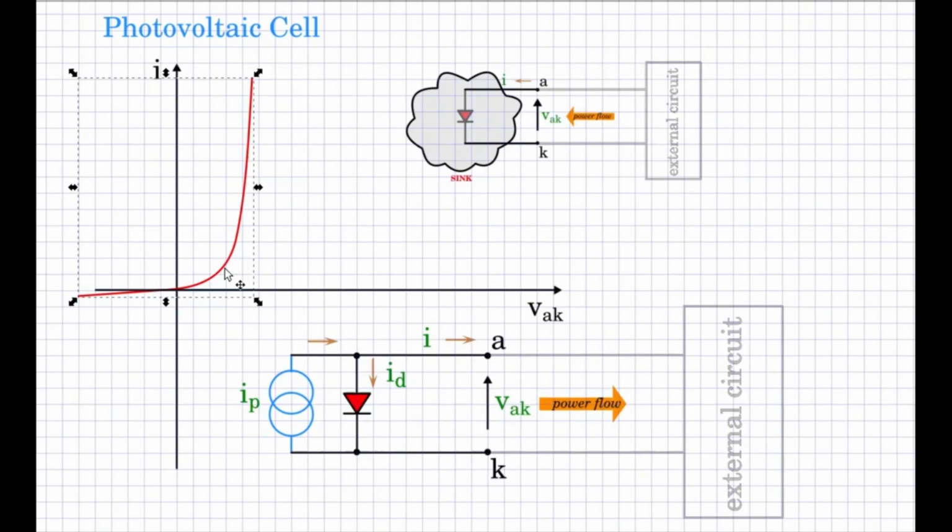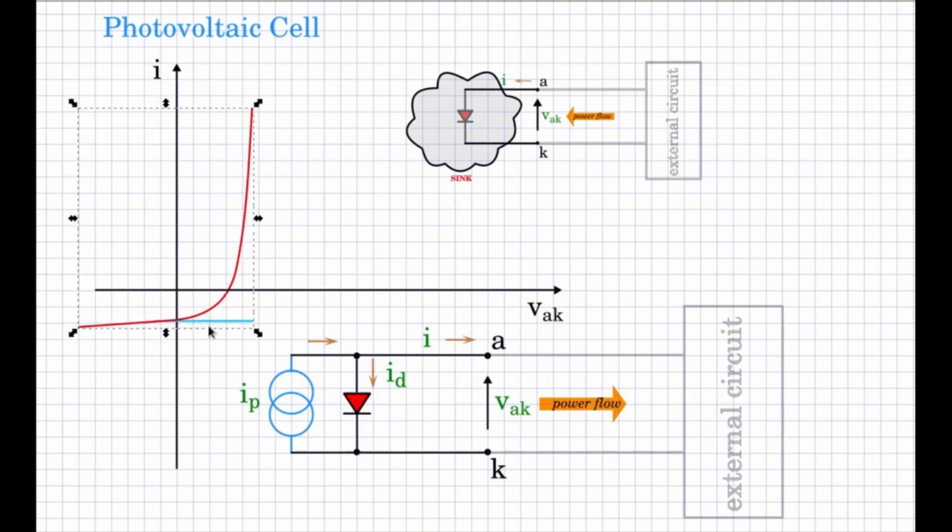As the light intensity increases, the photocurrent IP increases, and this whole characteristic starts coming down by an amount equivalent to the photocurrent. So increasing IP would mean the shifting of the characteristic like this.